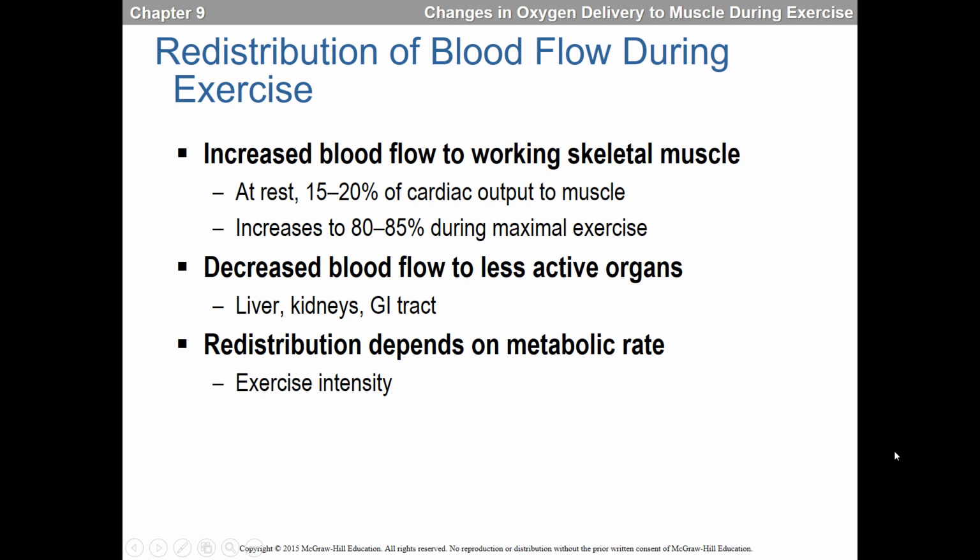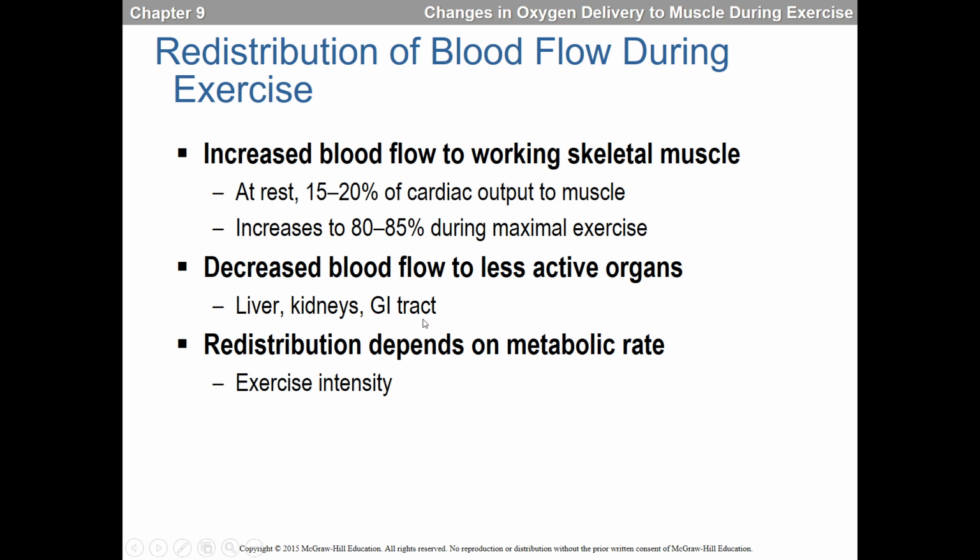So here, going back to redistribution of blood flow, the redistribution mostly is dependent on metabolic rate. So at rest, cardiac output is fairly low to muscle, about a fifth of it is going there, to almost all of it whenever we're exercising at max.